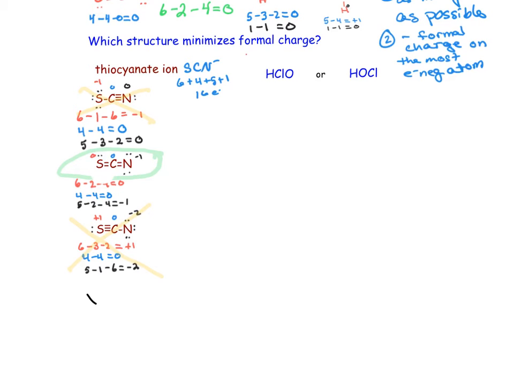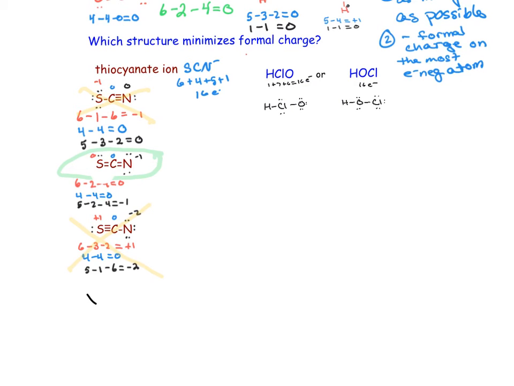So now let's take a look at 2 different versions of hypochlorous acid. Hypochlorous acid is typically written as HClO, but you'll also see it written as HOCl. Let's take a look at the two. So first, pause the video and draw the Lewis dot structures.